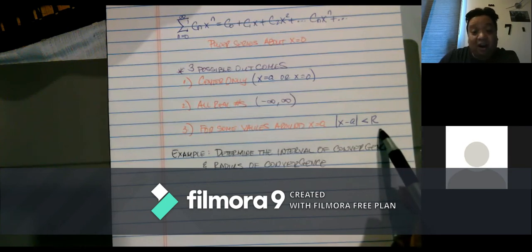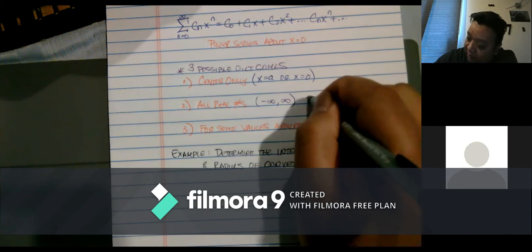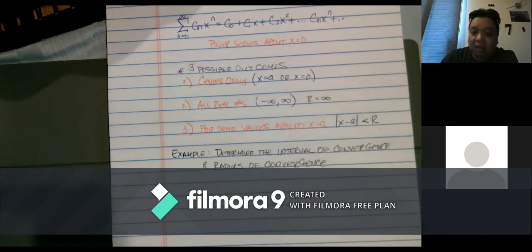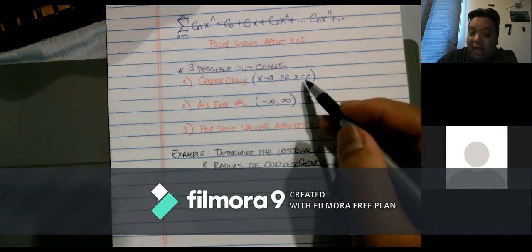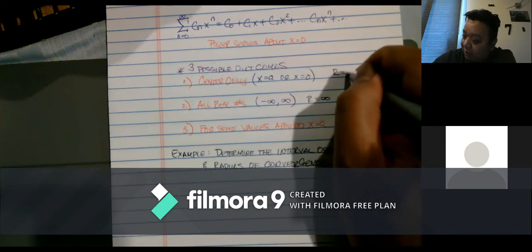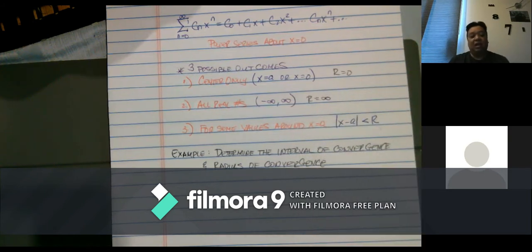Essentially, this is what R is. So R is your radius. So over here, R would be infinity. And then for the first outcome, it would be R equals 0 because you don't go any farther away from your center. Okay, so those are the interval of convergence and the radius of convergence for each one of those cases.